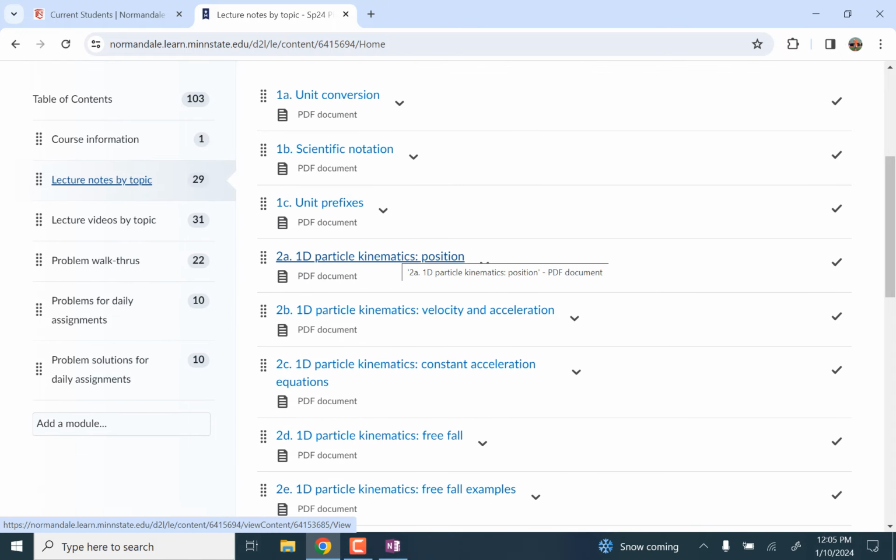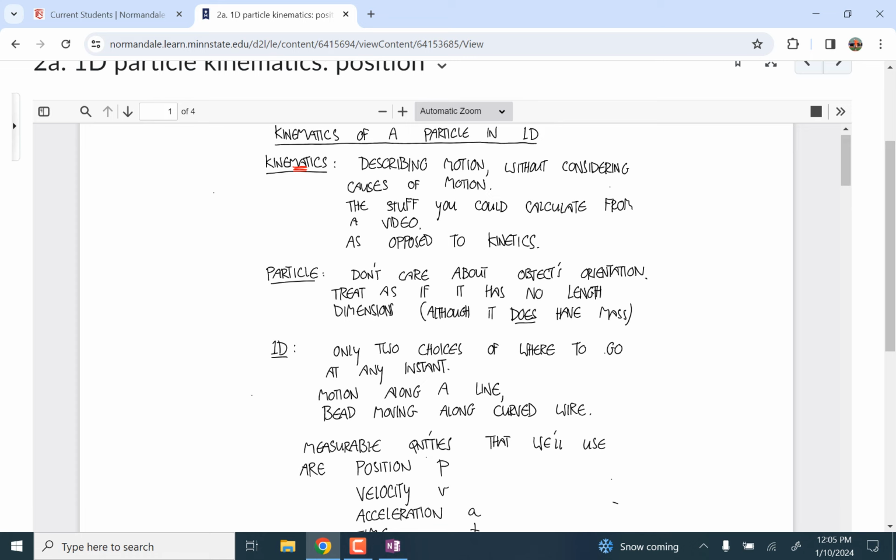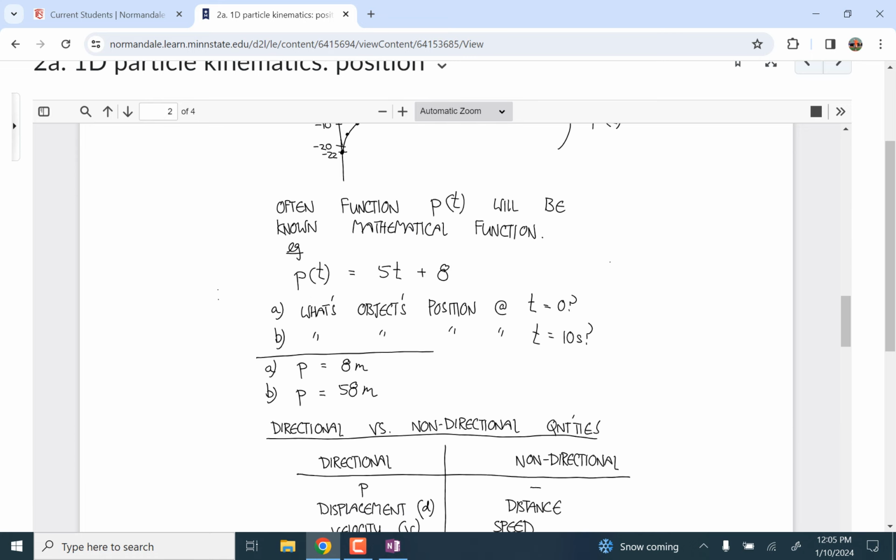If you want to skim ahead to see what's coming, you can look in here and see what topics are coming up. If you want to skim a little bit about 1D particle kinematics, one of the topics we're doing, click on that and you can see everything that I write up on the computer screen. I'm going to do all my lectures on a tablet.